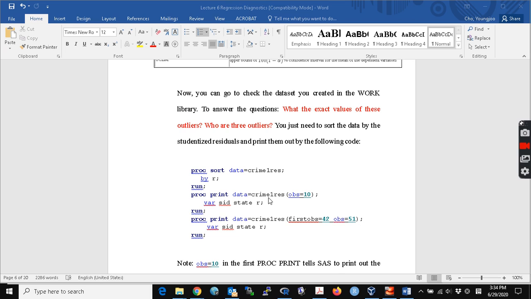Then we use PROC PRINT to print the first 10 observations. By PROC SORT, we sort in ascending order, so the first 10 observations are the smallest 10. We print state ID, state, and r. Since we have 51 observations in total, the 51st observation contains the maximum value of r, so we print out the last 10 observations.